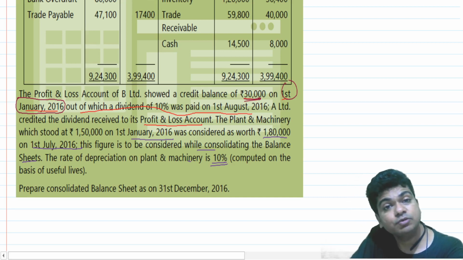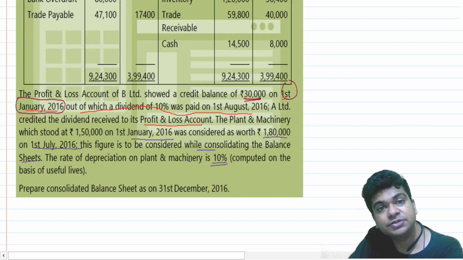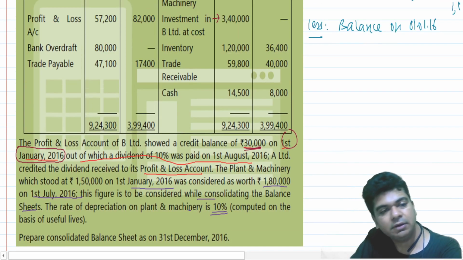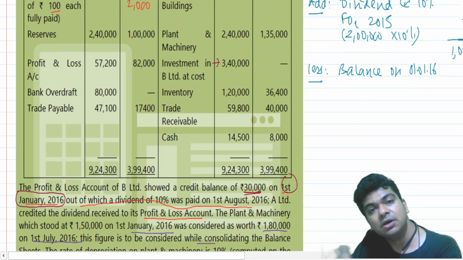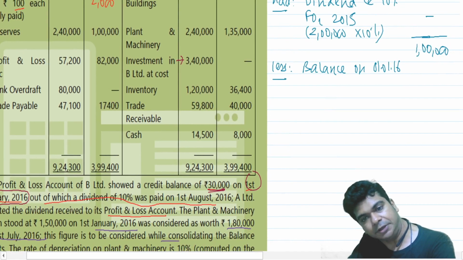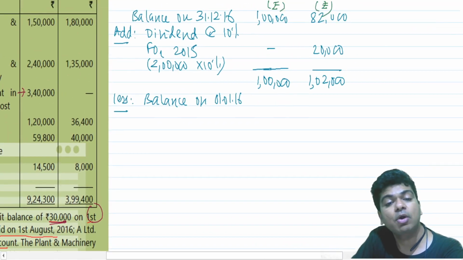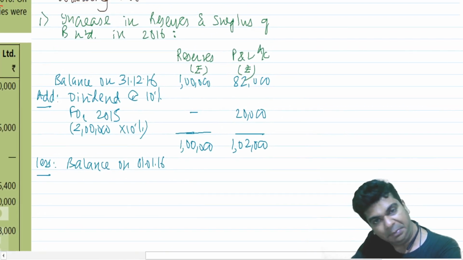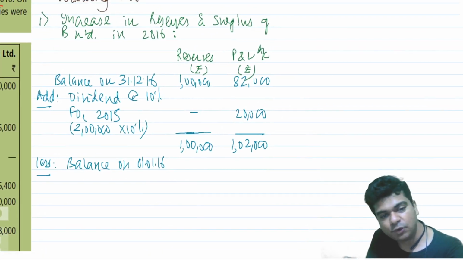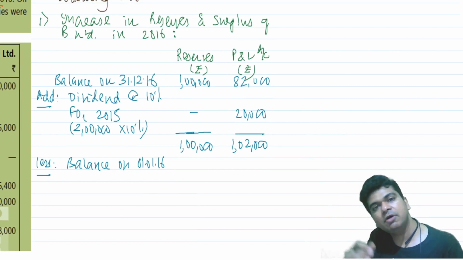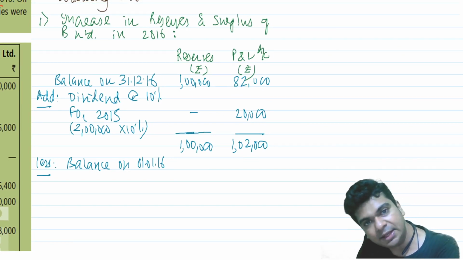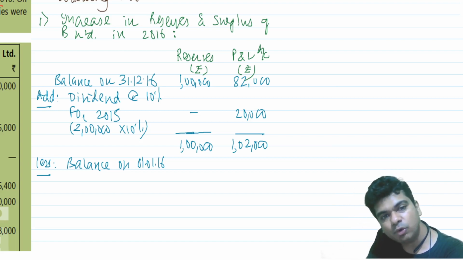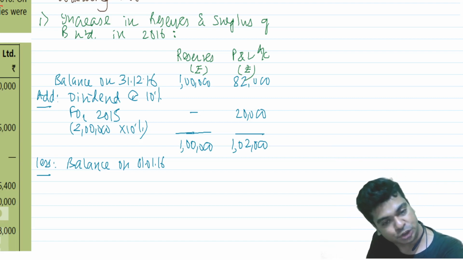They are not giving us the balance of reserves on 1st January 2016. When no balance is given, we will assume that the opening balance and the closing balance are the same. They should have given us the balance in the reserves on 1st January 2016, but they have not. So I'm assuming that whatever the reserves were at the end of the year, the same was the reserve at the beginning of the year. Perhaps that is the reason they have not given us the reserve information.